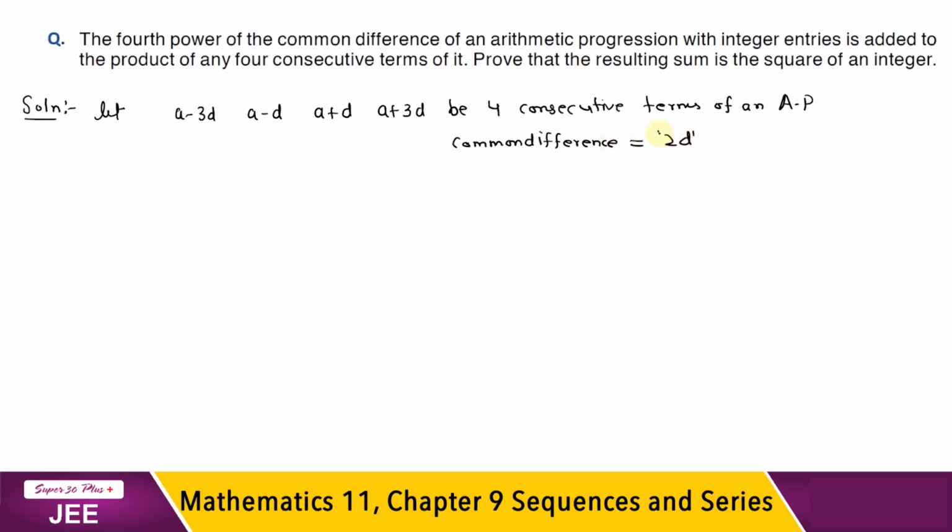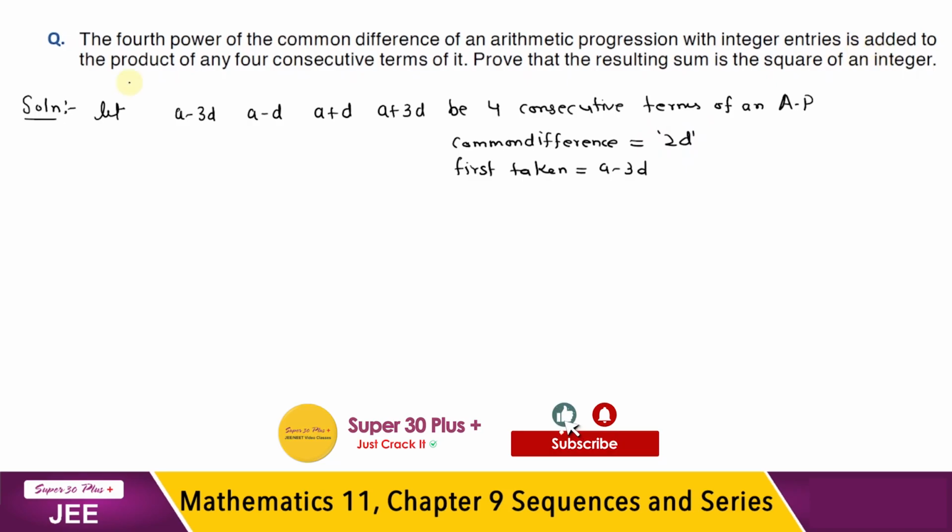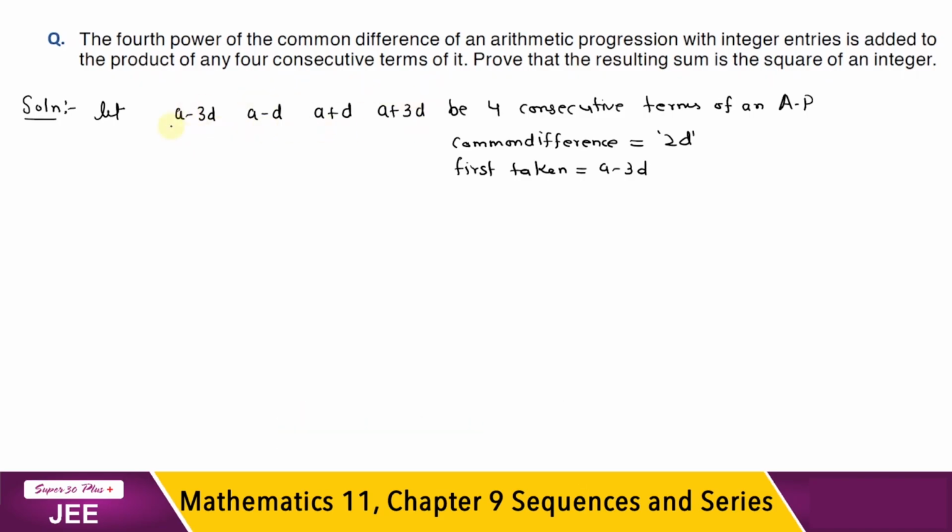This is the common difference of these terms in AP, and the first term that I have taken is equal to a minus 3d. So now the demand of the question says the fourth power of the common difference, that is 2d raised to the power of 4, is added to the product of any 4 consecutive terms of it. So we have to multiply these 4 terms.